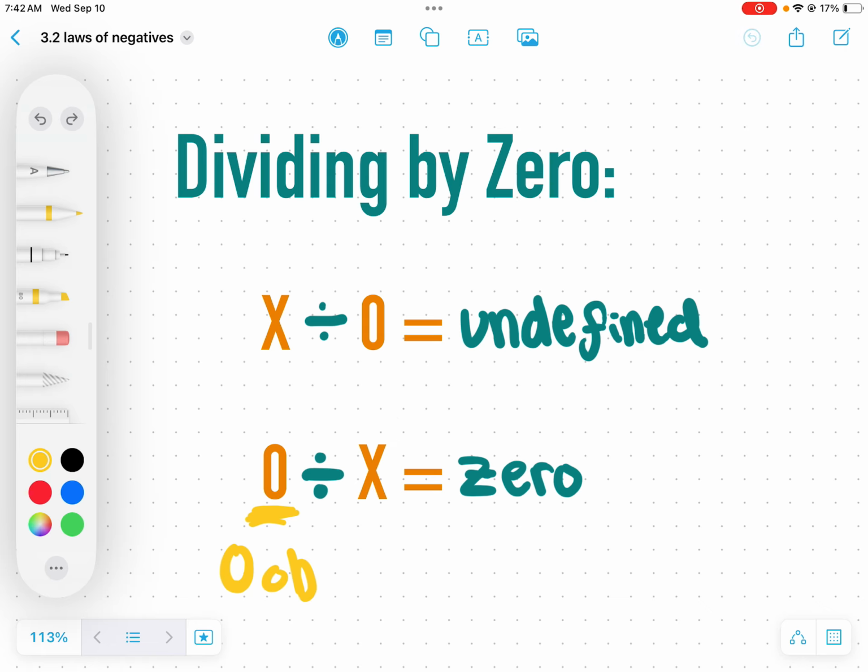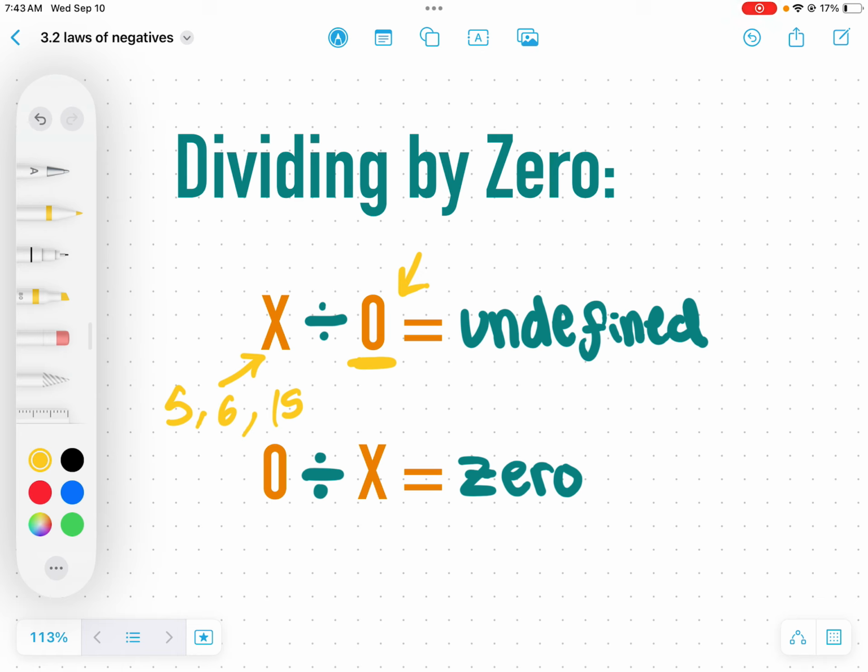Okay? But it does not work the other way, where 0 comes second, because it's saying you have a certain amount of objects, say 5 or 6 or 15 or whatever. You have 15 objects and you're trying to divide that into 0 groups.